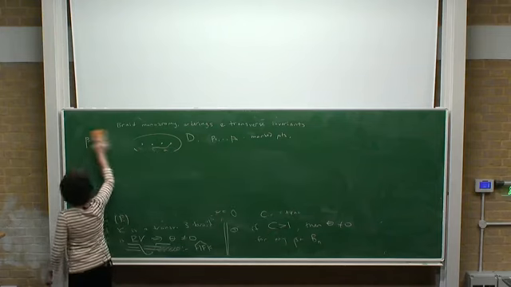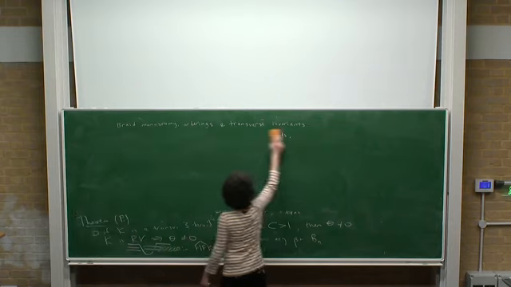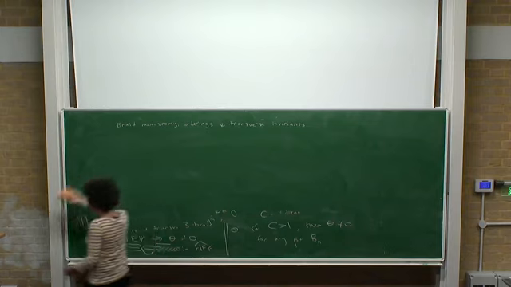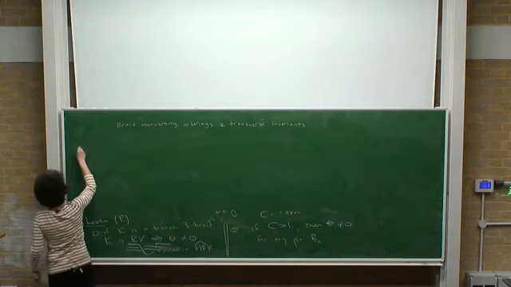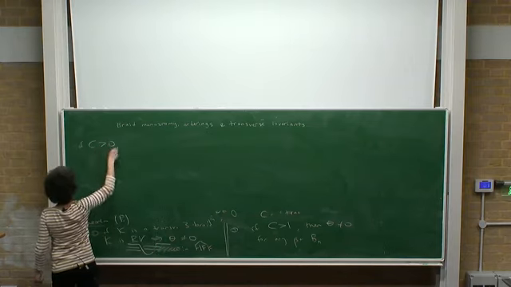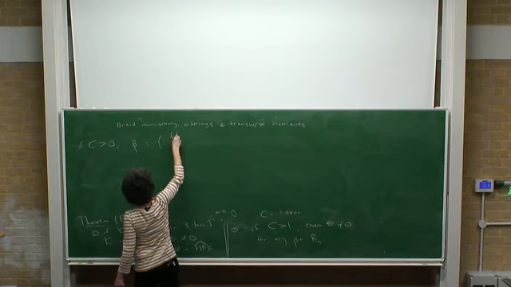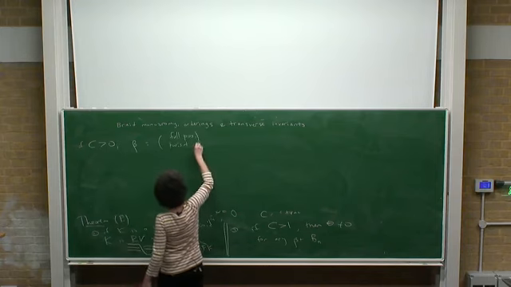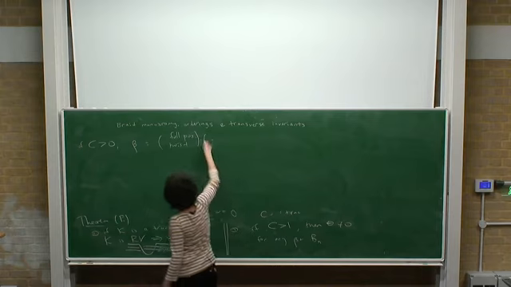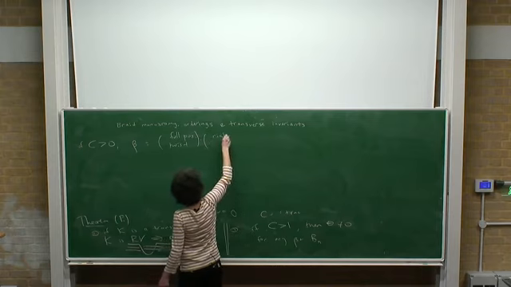And this means that if C greater than 0, my braid beta can be represented as a full positive twist on all strands times some right-veering braid.